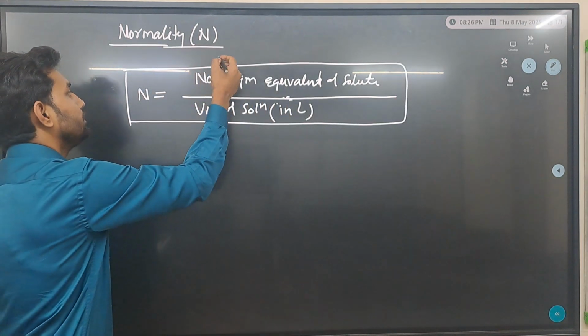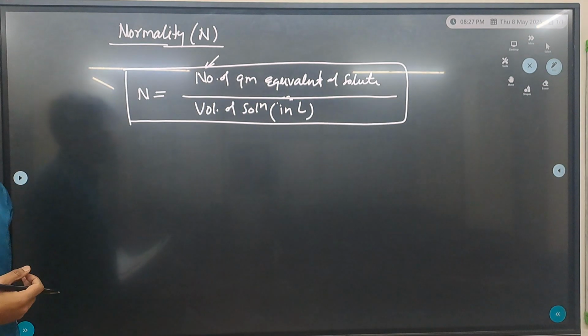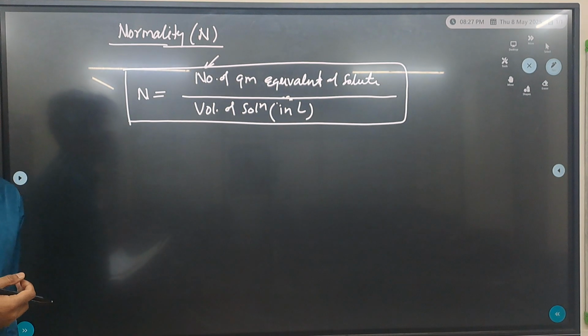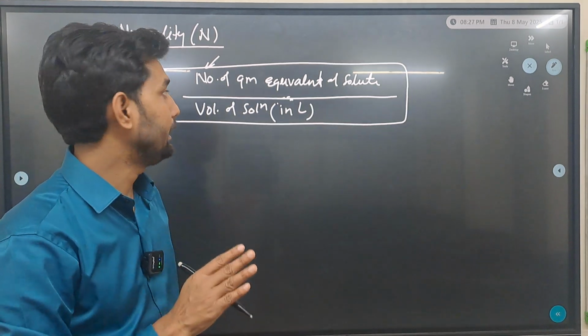Now the question is, how do we calculate the number of gram equivalents of solute?